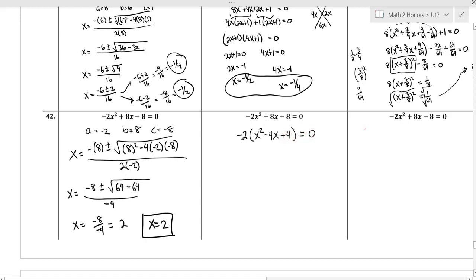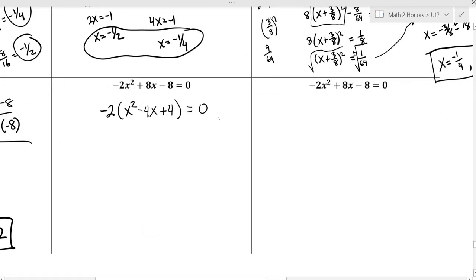And then I continue to try to factor that down. I'm looking for two terms that multiply to 4x squared and add to -4x. And -2x and -2x works here. We got the -2 out in front.